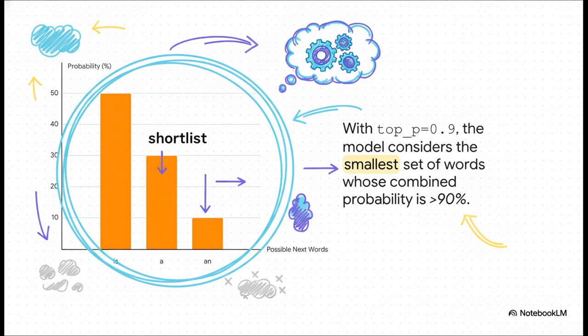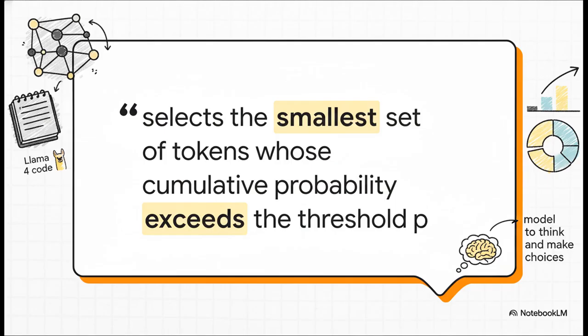It's a really smart way to stop the AI from saying something totally weird while still giving it some creative freedom. And hey, don't just take my word for it. This is pulled straight from the comments the developers wrote in the actual Llama 4 code. This quote describes that top P logic perfectly. It tells you exactly how the engineers designed this thing to think.